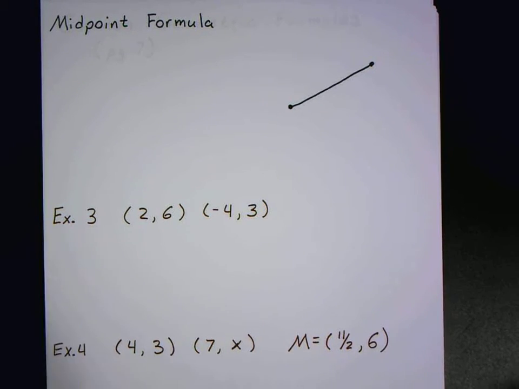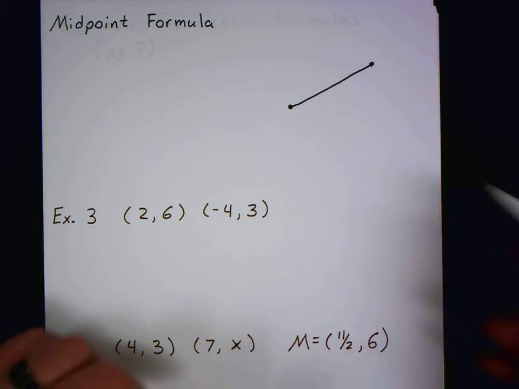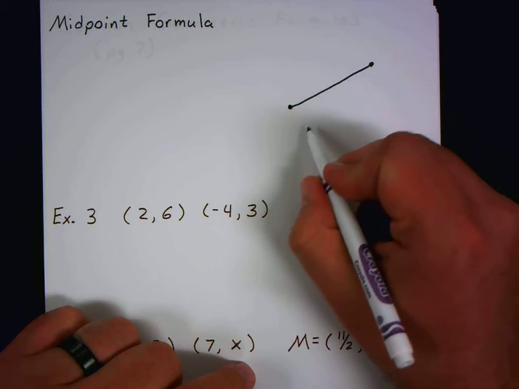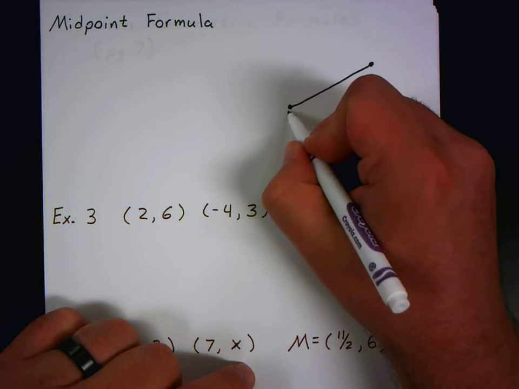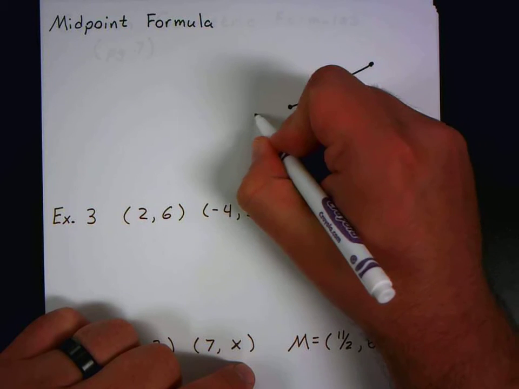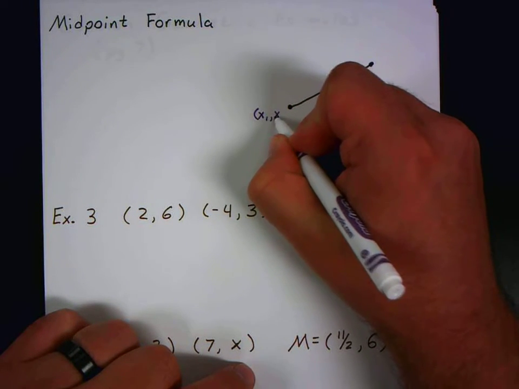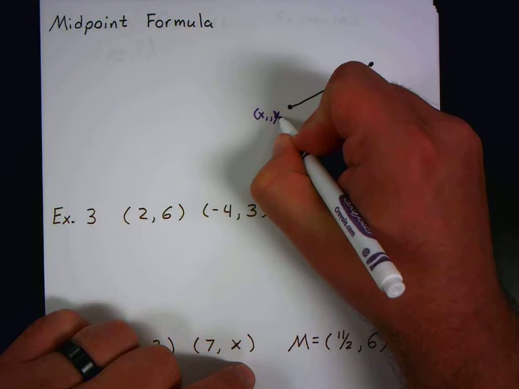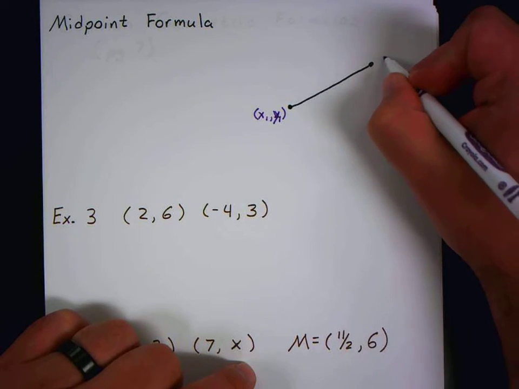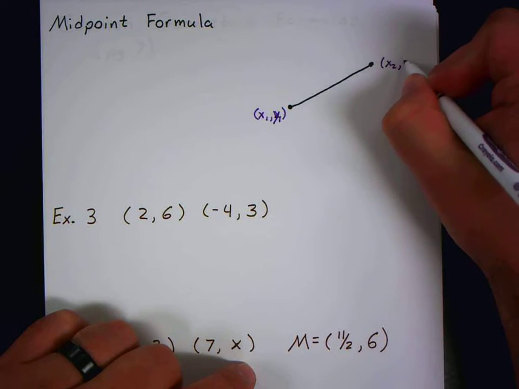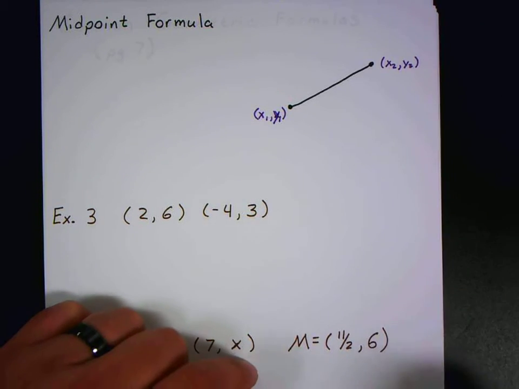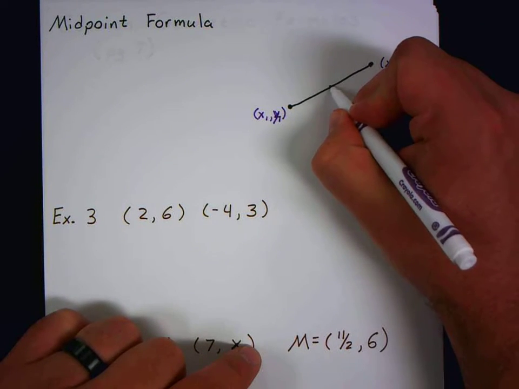Okay, before I give you the midpoint formula, which most of you may already know, I want you to see how we get the midpoint formula. Okay, again, I'm going to have 2 ordered pairs here. Oops, that's supposed to be a y. Okay, and then I have a midpoint right here in the middle.